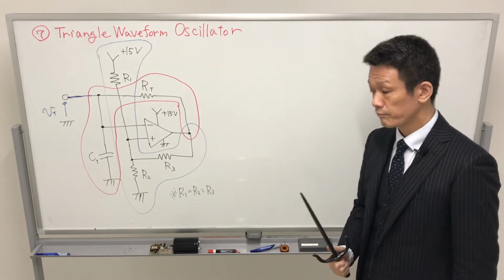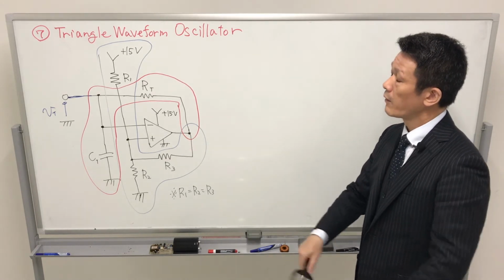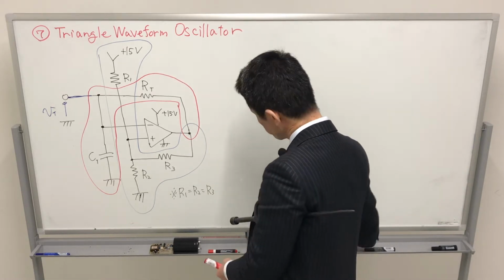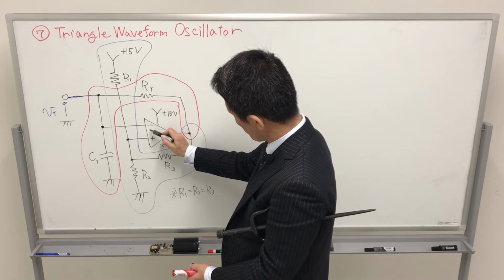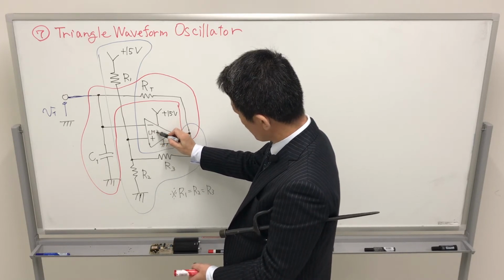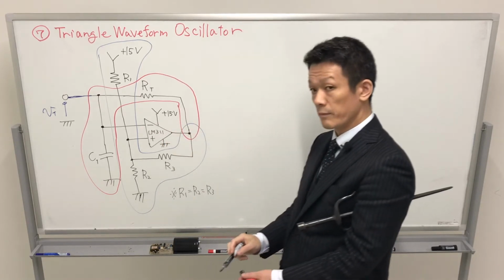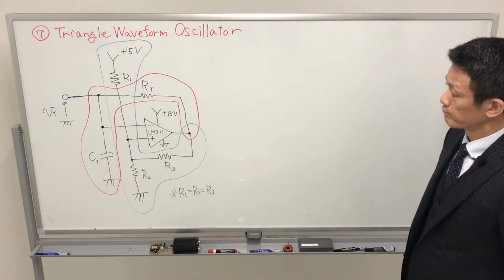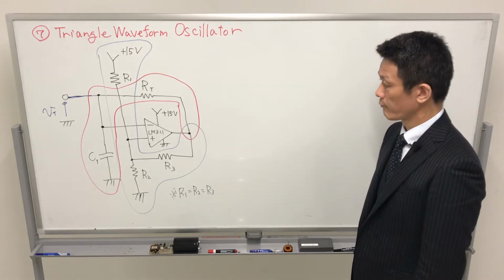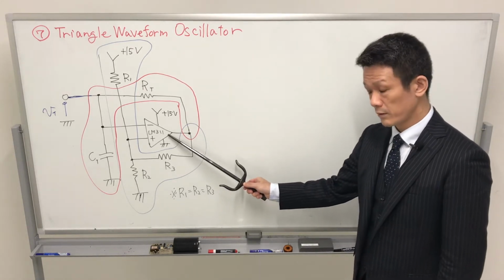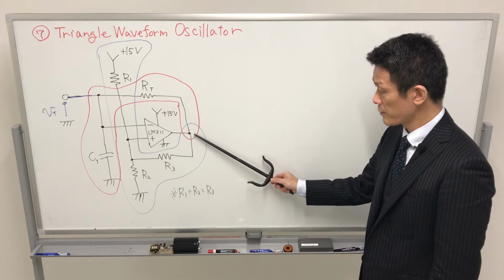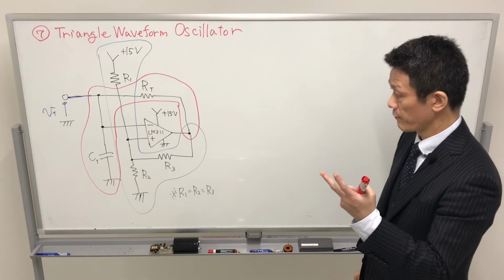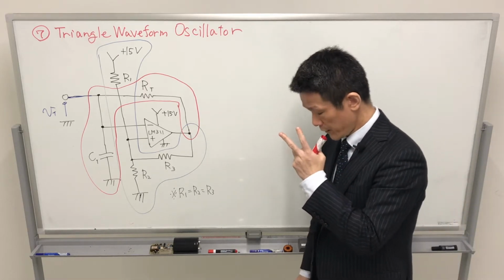Can you understand? This one is a comparator, for example the LM311. The output terminal's voltage has only two values.